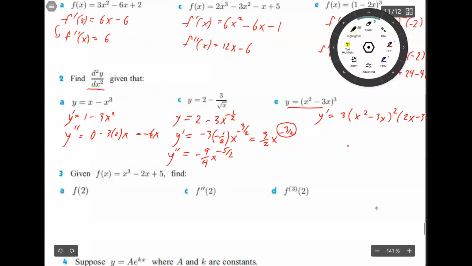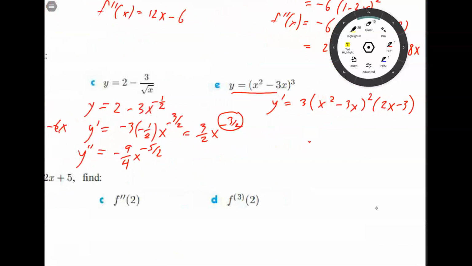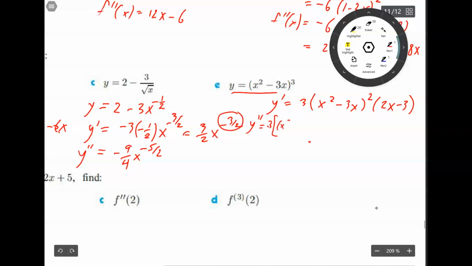And now we're going to do the second derivative of this mess. So looks like we're going to have to do product rule, right? So first thing we're going to do is we are going to write the 3 on the outside. And then we're going to write the first function times the derivative of the second function. The derivative of the second function would just be 2.